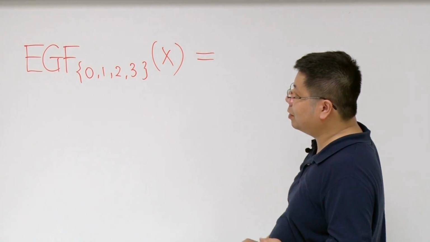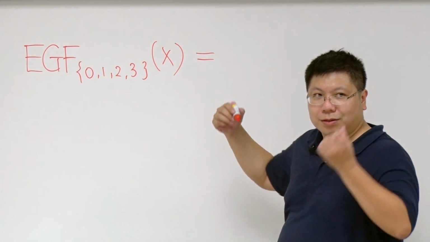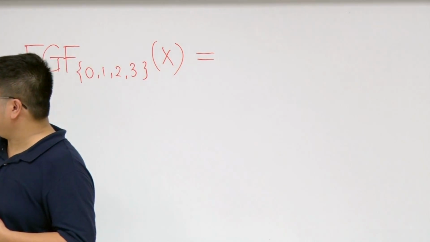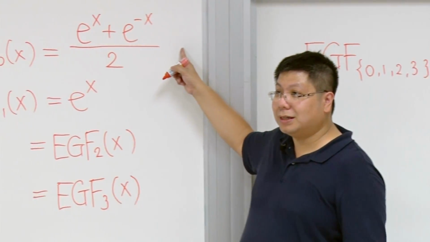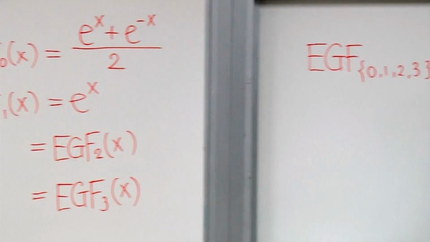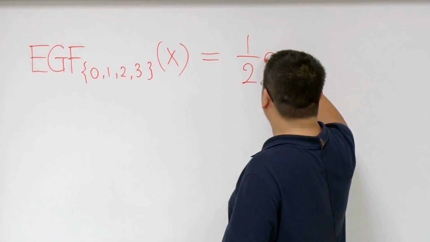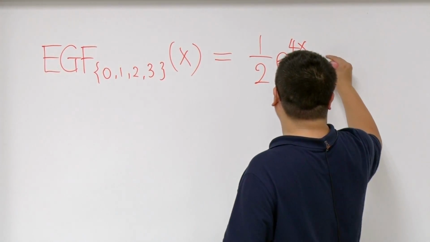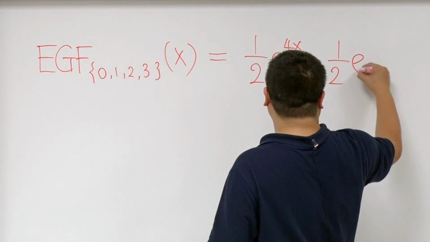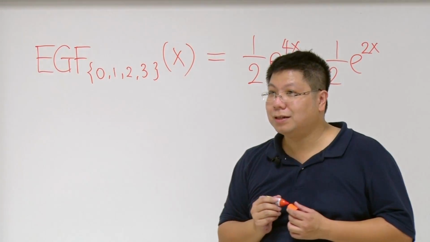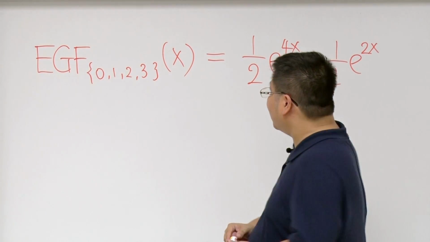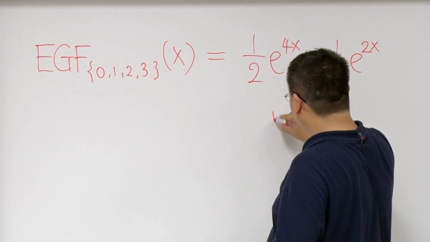This will be equal to EX, EX, EX multiplied with this one, right? So it is like 1/2 of e to the power 4x plus 1/2 of e to the power 2x. Is that okay?